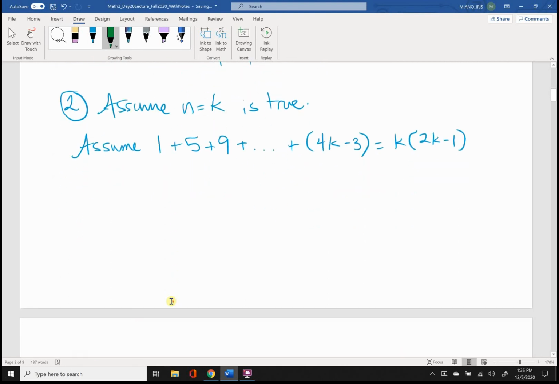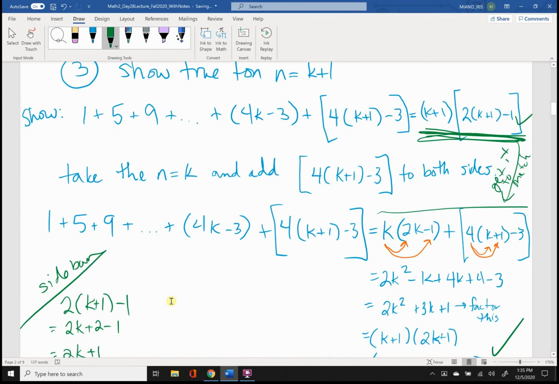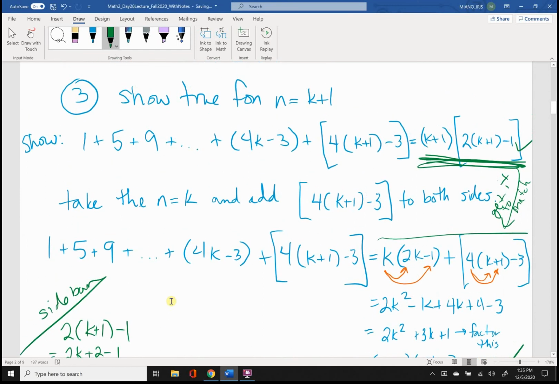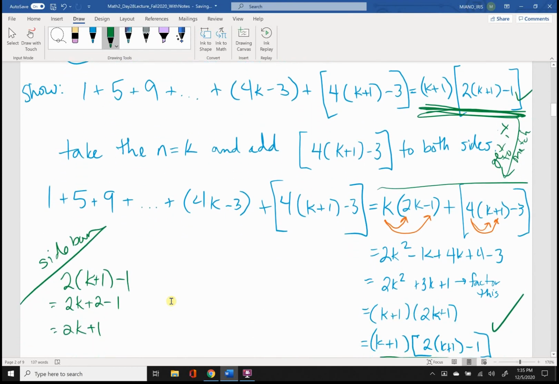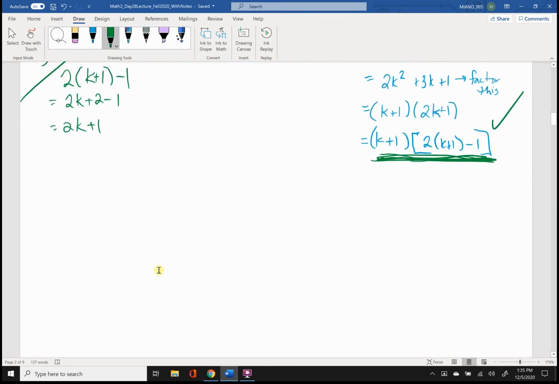We assumed it was true for n equals k. And using that assumption, we were able to show that it was true for n equals k plus 1. And if it's true for the next value after any natural number k, then that means it's going to be true for the next value after that, and the next value after that, and the next value after that. Just literally a domino effect is in play.